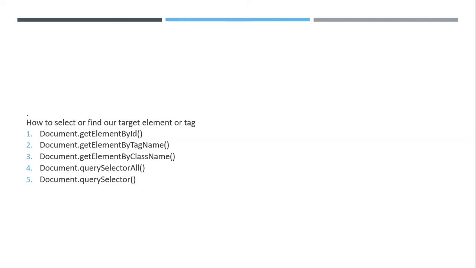By the way, these 5 things continue throughout your journey to learn JavaScript. So, before you learn anything else, make sure you keep this in mind. They'll come up all the time. Select elements by ID, select elements by tag name, select elements by class name, and so forth.